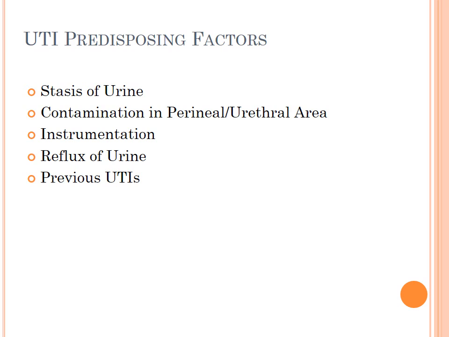Instrumentation can increase the risk for a urinary tract infection, for example during testing or studies, or insertion of a urinary catheter increases risk. Reflux of urine is essentially when the urine doesn't go one way from the kidney, ureter, bladder, urethra, and out, but goes the opposite direction.